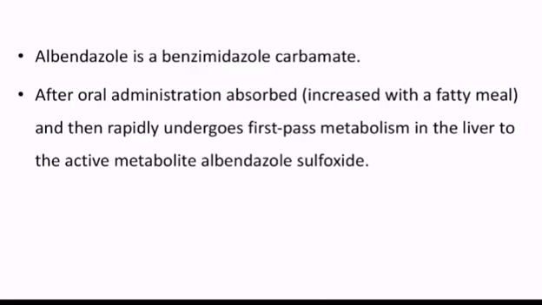Albendazole chemically is a benzimidazole carbamate. After oral administration, the absorption increases with fatty meals, and then it rapidly undergoes first pass metabolism in the liver to the active metabolite albendazole sulfoxide.